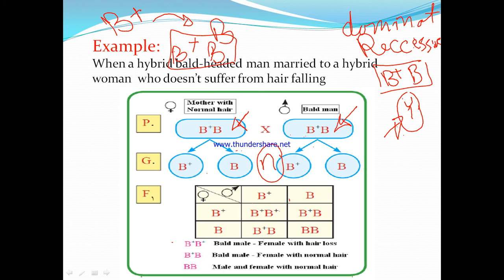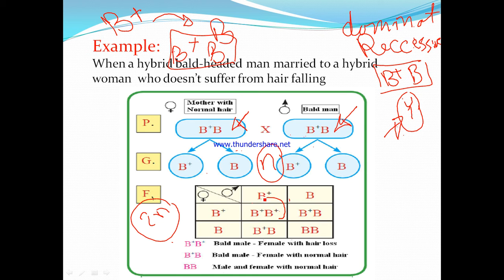The first generation will be produced with 2n number of chromosomes by meeting the gametes of the female with the gametes of the male. And we have 3 types of genotype.